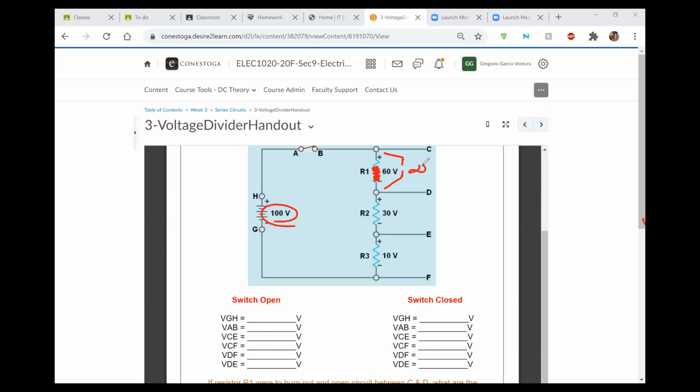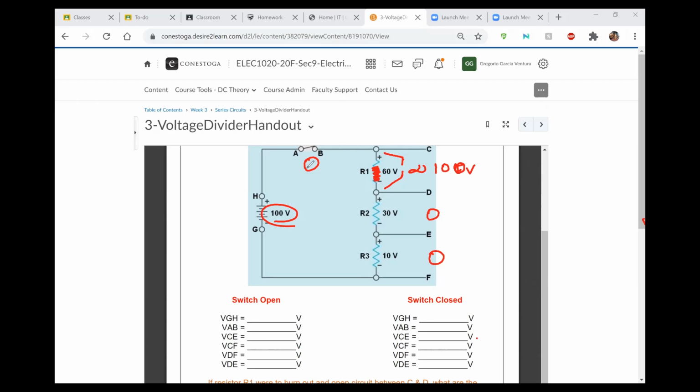That would mean that I would be getting through points C and D 100 volts, all the full voltage drop of your source voltage, and then I would be getting 0 volts in all the other components.